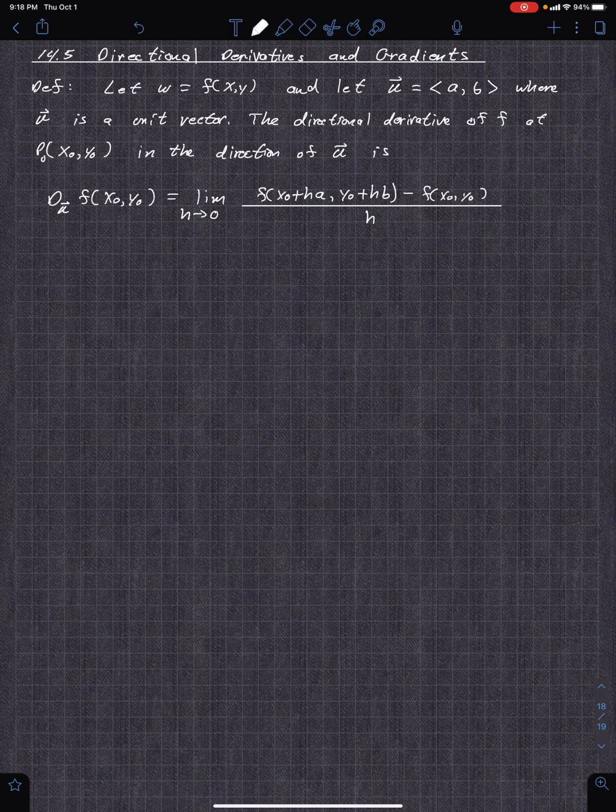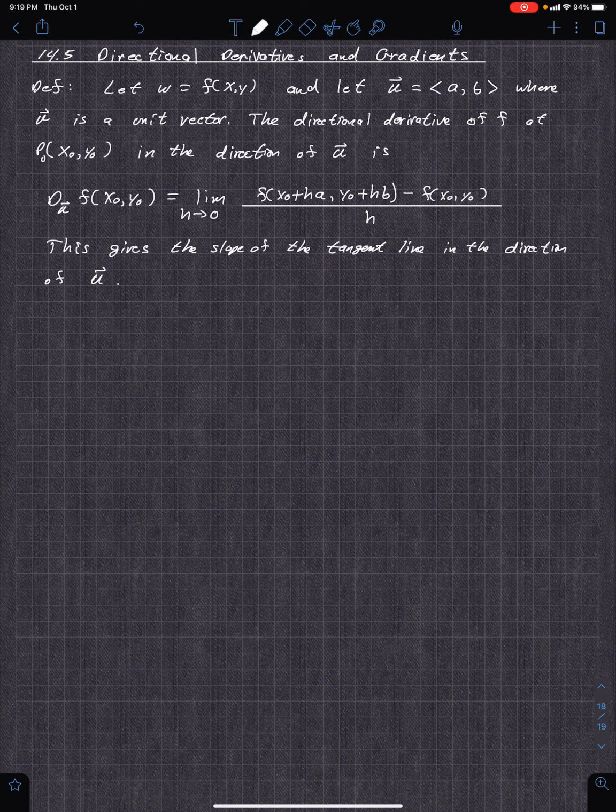Now, what this does, this gives the slope of the tangent line in the direction of u.